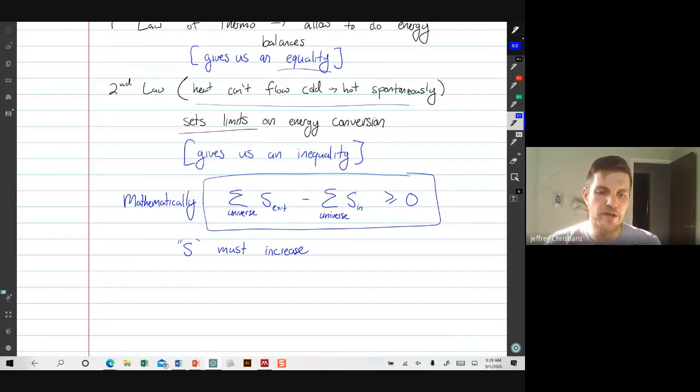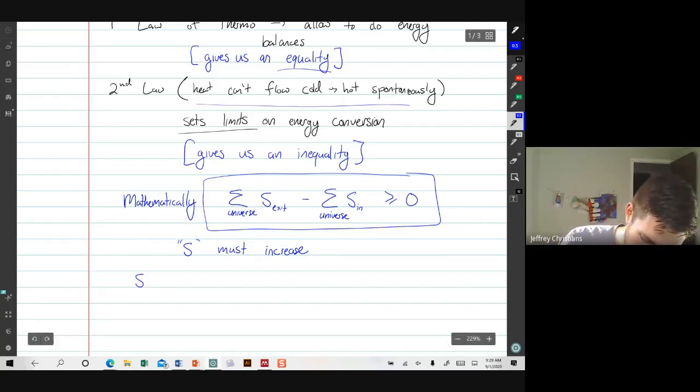And it's a sum over the universe because you have to look at the entire system, because if you look at just one little specific spot, S in that spot can decrease. But if it decreases in one place, it must be increasing by a bigger amount somewhere else, or at least the same amount.